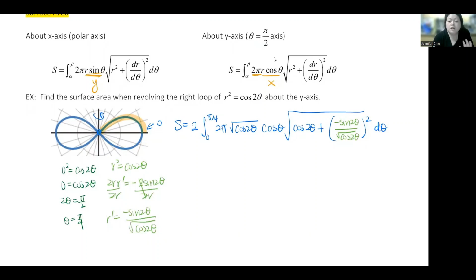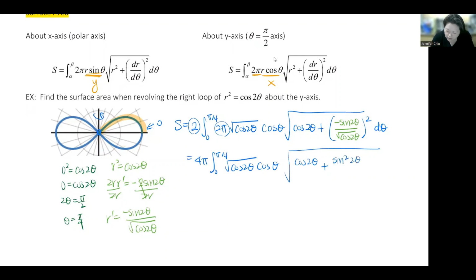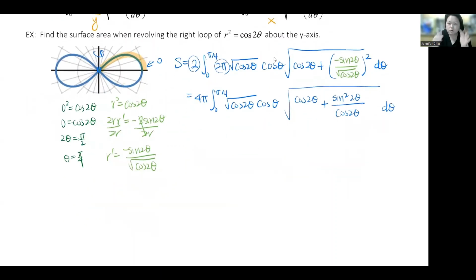Now for this one, I would strongly recommend you clean this up because it actually cleans up beautifully. So first thing first, I would take these out as my coefficient, 0 to pi over 4. You have root cosine of 2 theta here, cosine of theta. I'll combine this into one fraction. So before I do so, maybe it's a lot clearer to see what this squares out to be. So you have sine squared of 2 theta over cosine of 2 theta, right? And then to write that as one fraction, you do your crisscross applesauce thing, you get cosine squared 2 theta plus sine squared 2 theta over cosine of 2 theta.